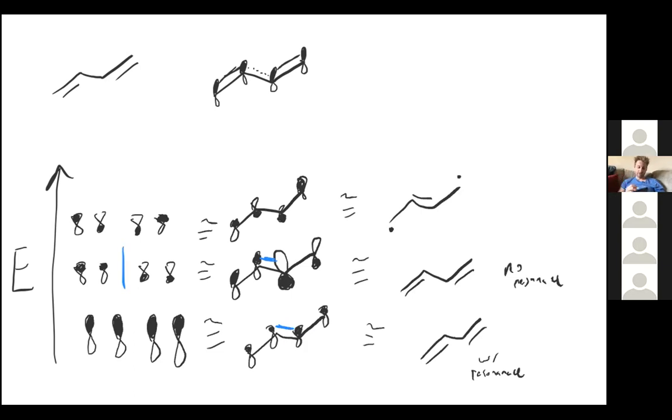And then as we get all the way to our highest energy level, every carbon's getting its own radical.